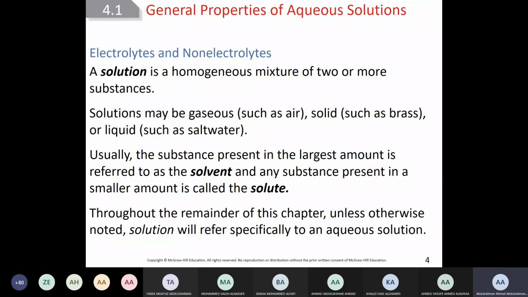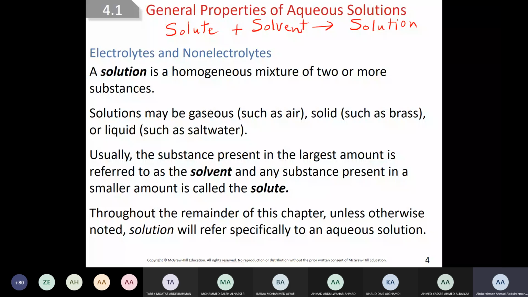Before we do any work, I will give you 3 words you must memorize very well. Solute plus solvent gives you solution. I want you to memorize this. What is the solvent?